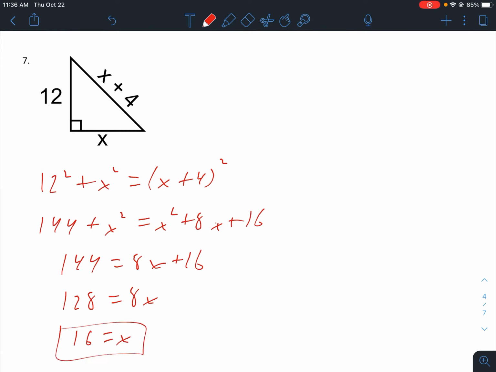All right, you can see the work there. You should have gotten 16 is equal to x. x plus 4 is your hypotenuse there. And when you finish, x equals 16.